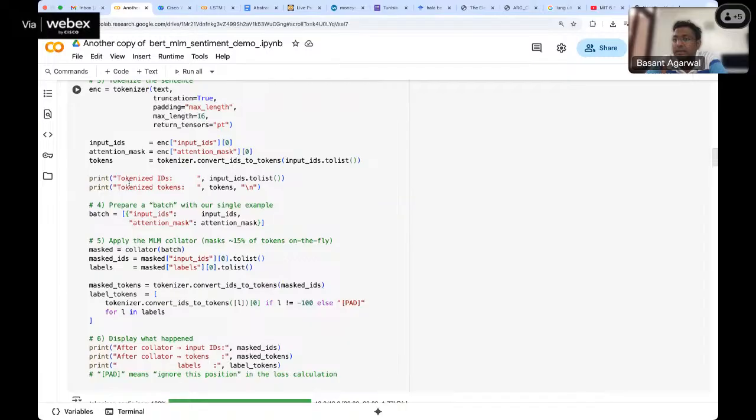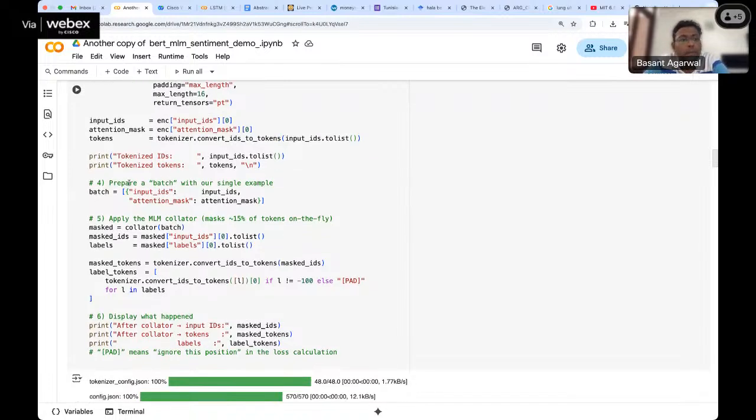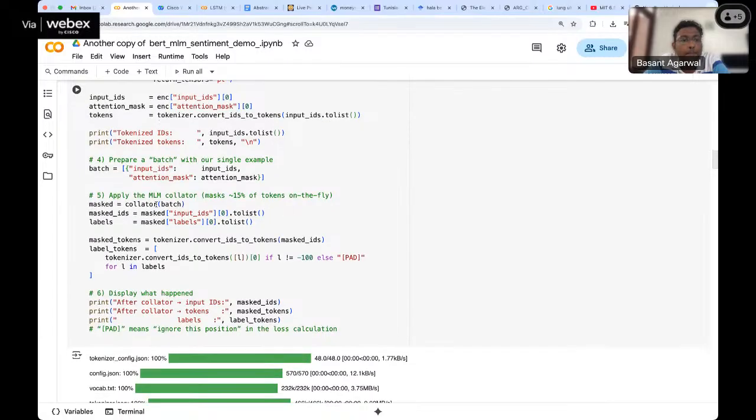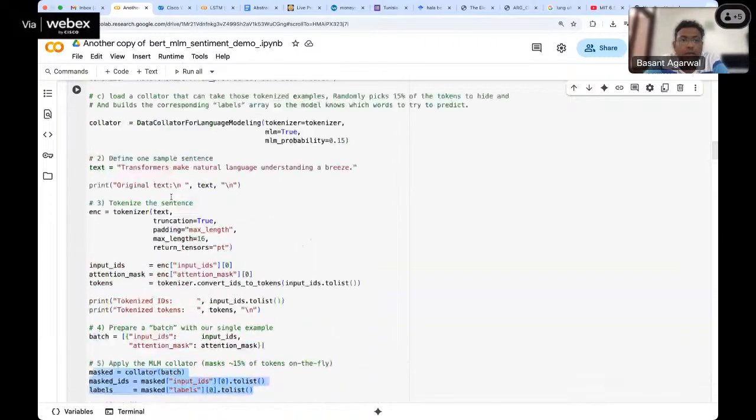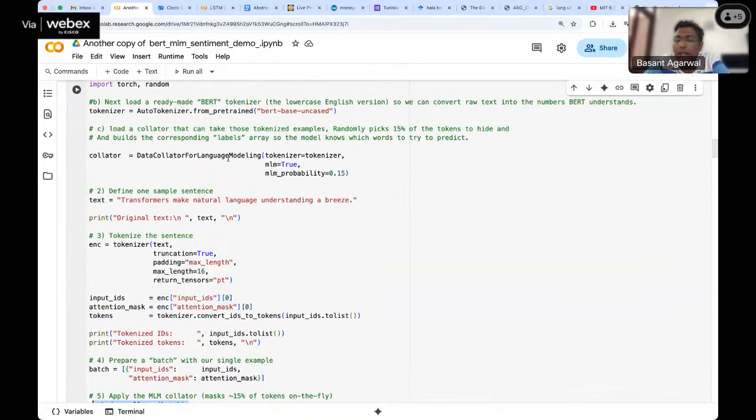Okay, so as you know, we are already doing that. We have to give the IDs to each of the tokens so that it can be fed into the network. And this is for the collator which we have defined over here, the data collator for language modeling.